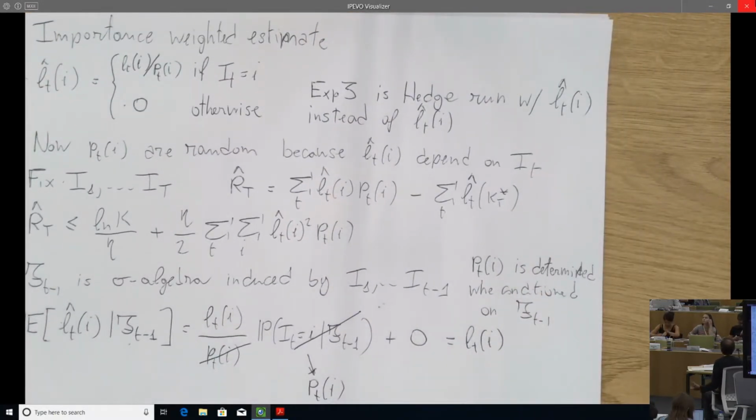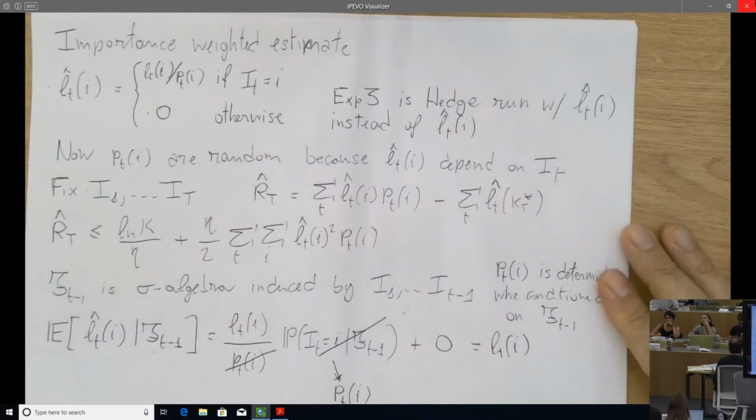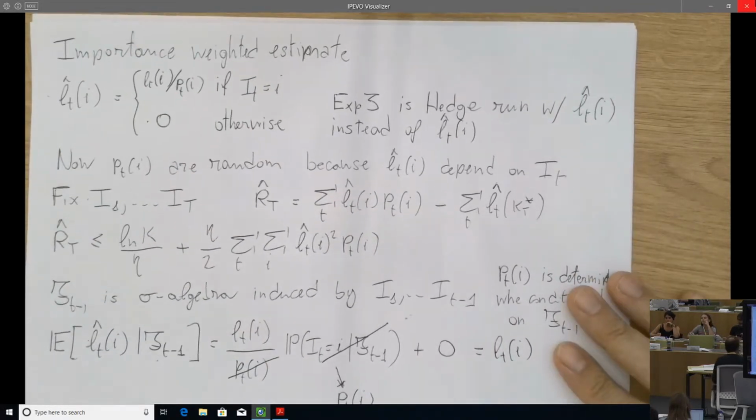And this is the trick that the importance weighting buys for you. And the cool thing about it is that I'm just using the internal randomization of the algorithm. I'm not making any assumption about the outside world. So loss vectors are still completely deterministic, okay? And I'm just using the randomness of the algorithm in order to come up with unbiased estimates, which is kind of cool. The first time I saw it, I said, wow, this is quite amazing.